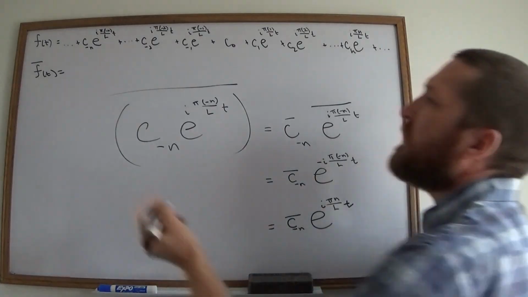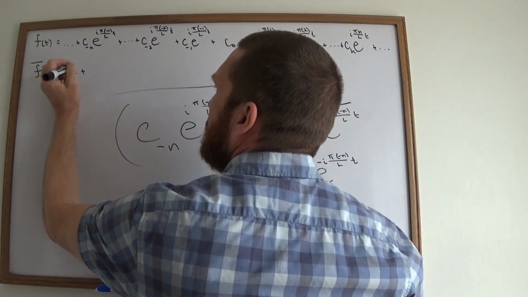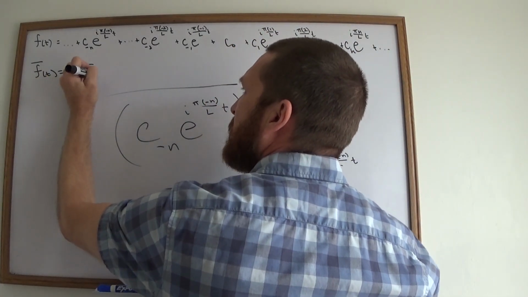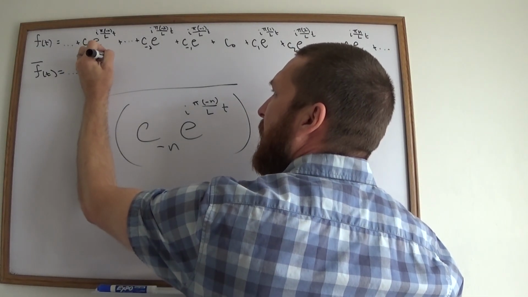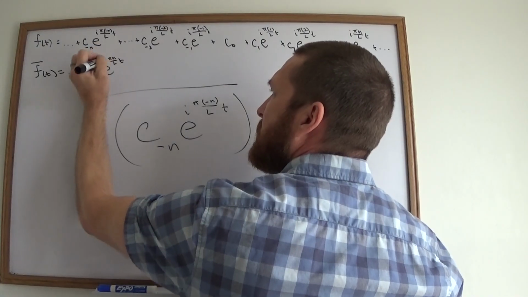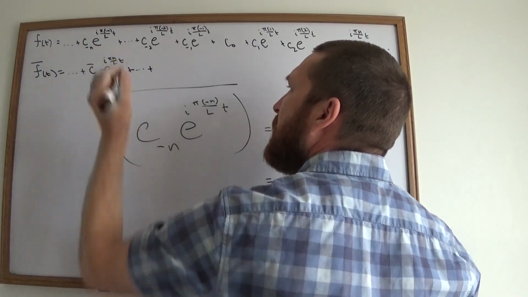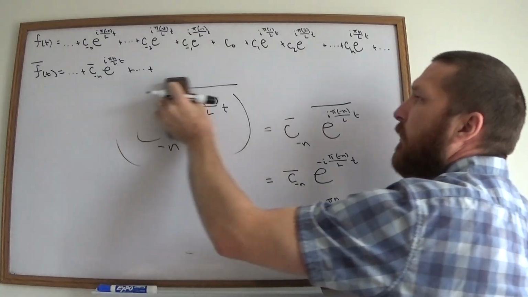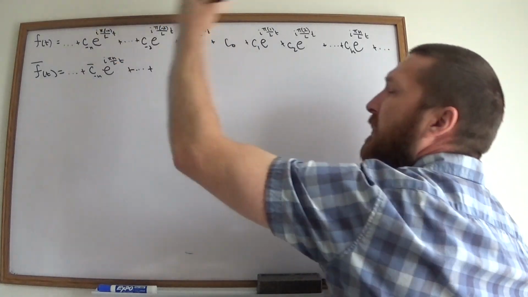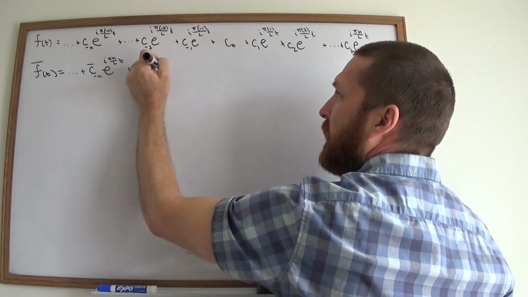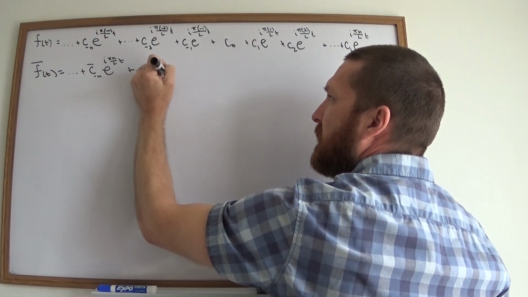Okay, so that gives us the first of our infinitely many things we have. That's the conjugate of C negative n, e to the, now it's just positive i pi n over L t. Plus, and we do that with all of these. Finally, we approach negative 2, and I'll take its conjugate. The conjugate of the whole thing is the conjugate of each one of these individually.